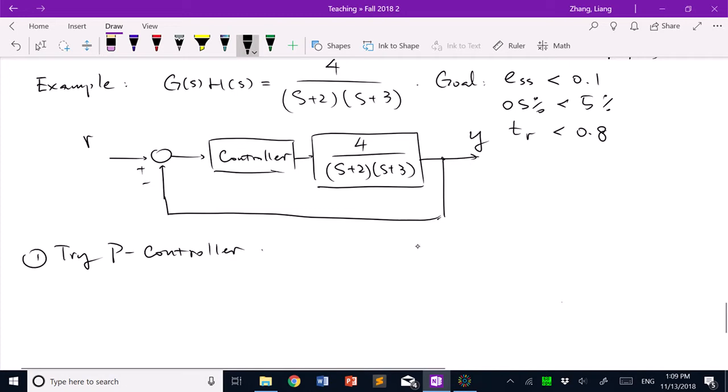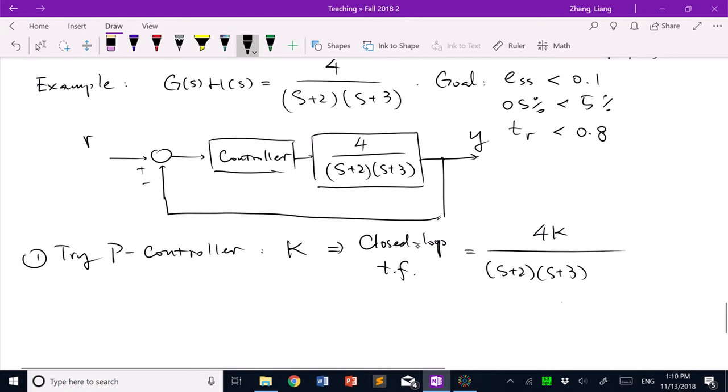In this case, the transfer function of the controller is K. And we can say the closed loop transfer function will be equal to, and we have done this multiple times, 4K divided by (s+2)(s+3)+4K.